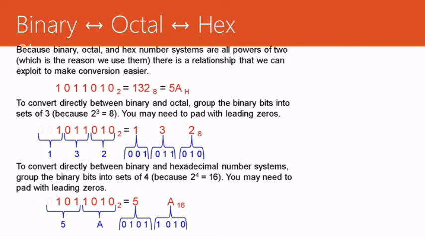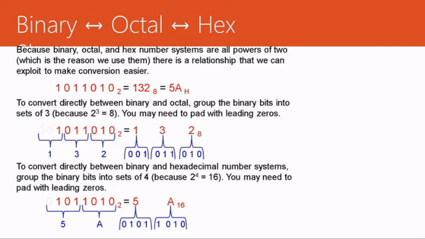So we know the first group is 1, 0, 1, 0. And if we're going to convert this one into decimal, that is equivalent to 10. And 10 is not a valid value for hexadecimal.